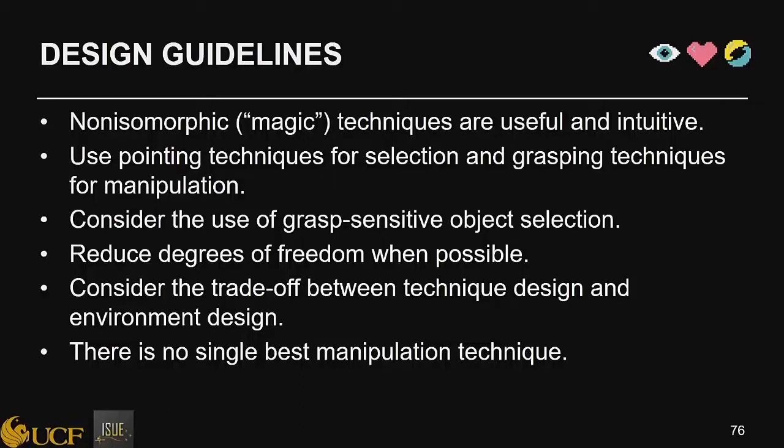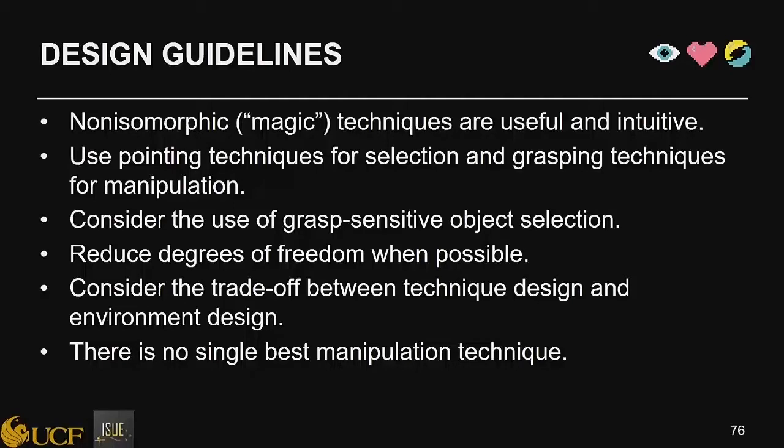Pointing techniques for selection and grasping techniques for manipulation, that's kind of a standard thing. It's much easier to point at objects and manipulate them using grasping. But then again, you want to think about sensitivity when you're doing grasping because that's important. You want to try to reduce the number of degrees of freedom if possible. If you're manipulating an object and you only need to move it along a 2D plane, then why do you need a full 6 degree of freedom interaction?